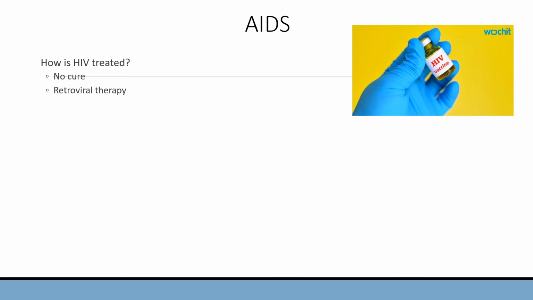So there is no cure for it though, but we use antiretroviral therapy, and really we use multiple antiretroviral drugs to prevent the incorporation of the HIV virus into our own DNA.